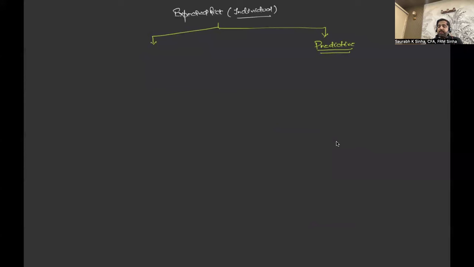In the predictive method, there are different machine learning algorithms. There is a method called GARCH, ARCH. There are different methods, GARCH, ARCH. There is also a method called implied volatility. Currently, I would say this is one of the best methods.